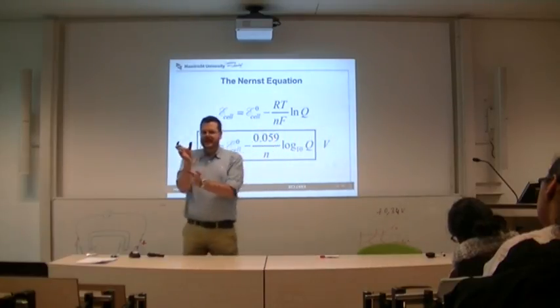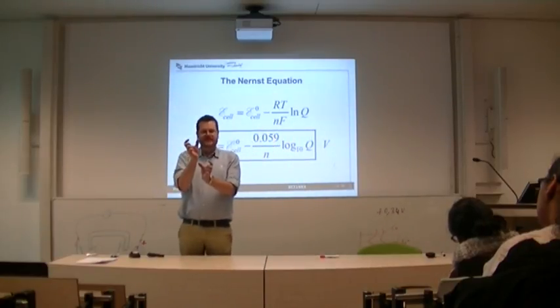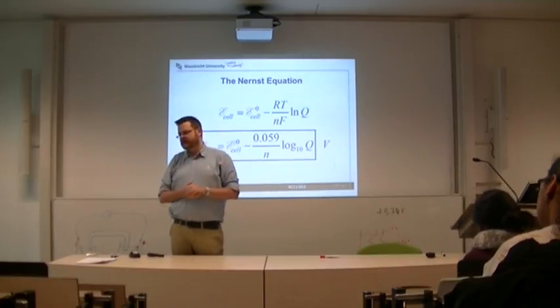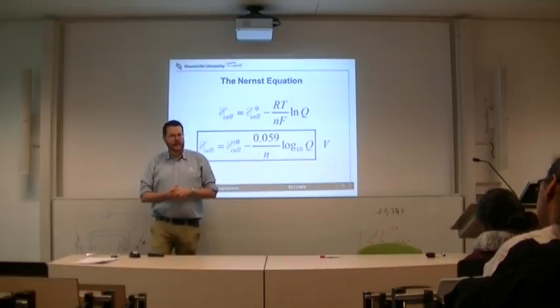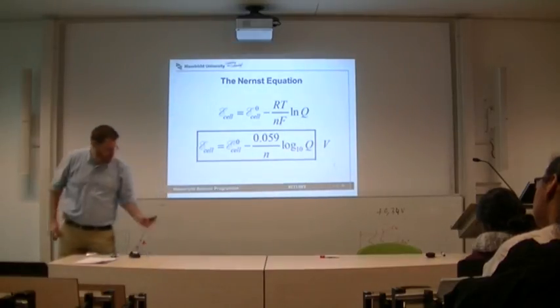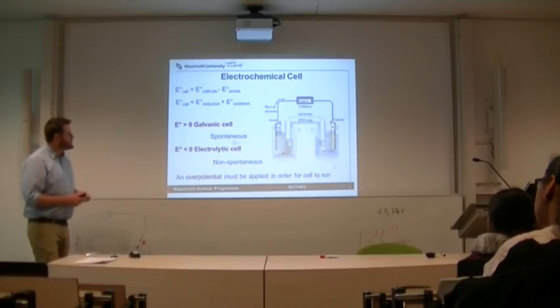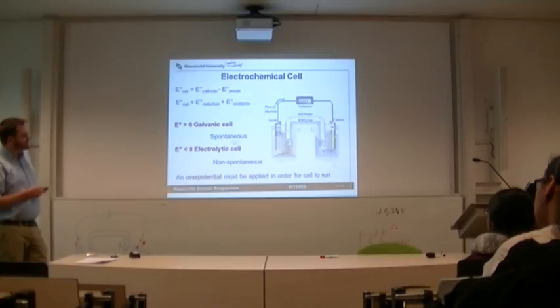However, if you sum the potentials and you do not get a positive result, it means in order for that reaction to go, you need to put in electricity or potential. That's basically what I had on these slides: the difference between what we call galvanic and electrolytic cells. This is an example of a galvanic cell because it's occurring spontaneously.